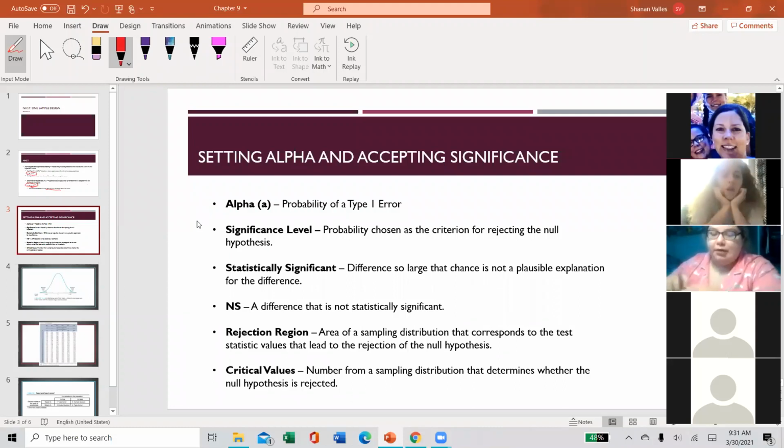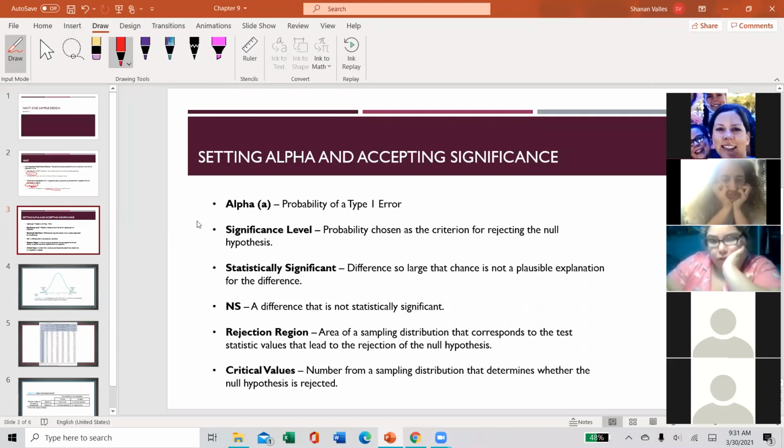The significance level is the probability that is chosen as the criterion for rejecting the null hypothesis.